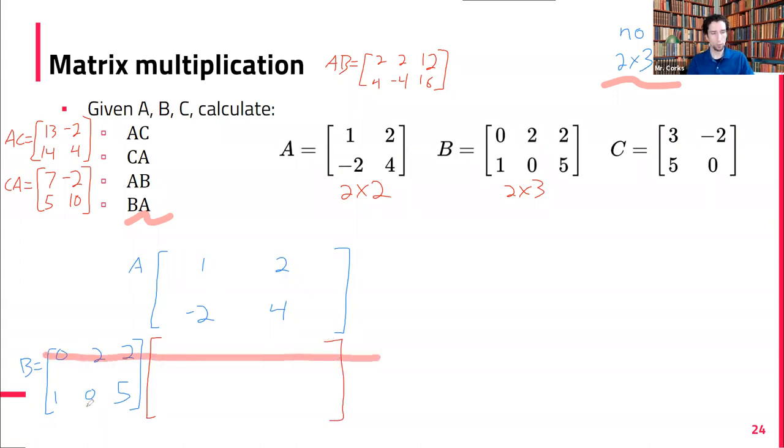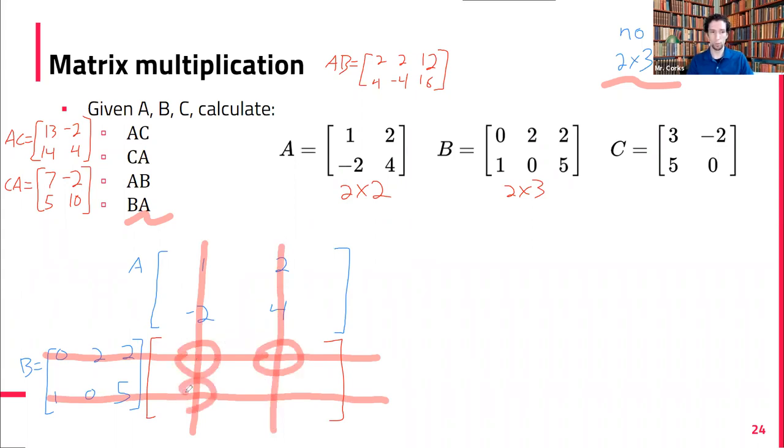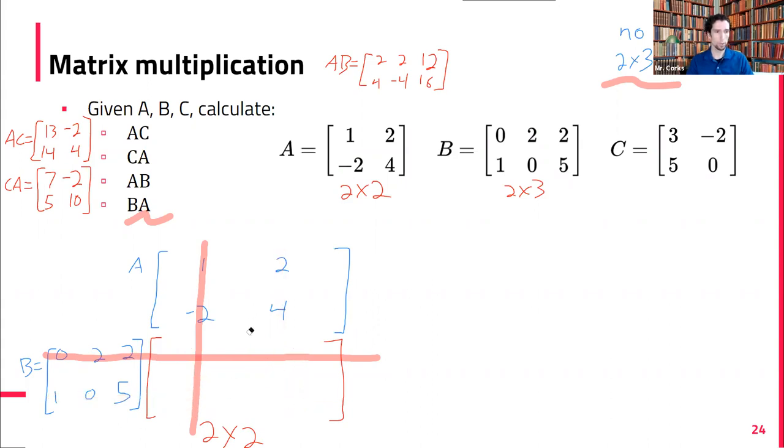So we have 2 rows like that, and then we have 2 columns like that. So if it works, we should have 1, 2, 3, 4 positions in a 2 by 2 matrix. So if it's going to work for us, that is the size that we should expect, 2 by 2.